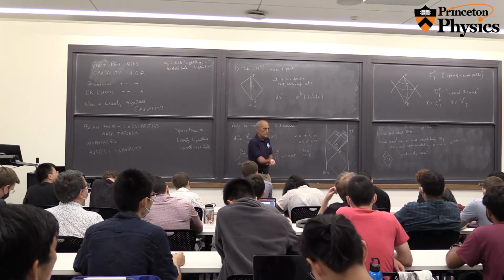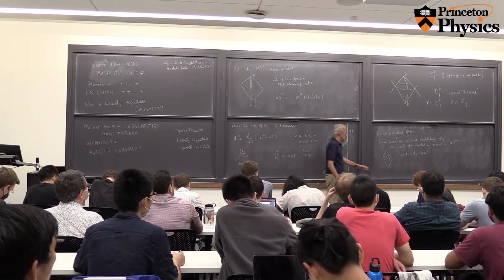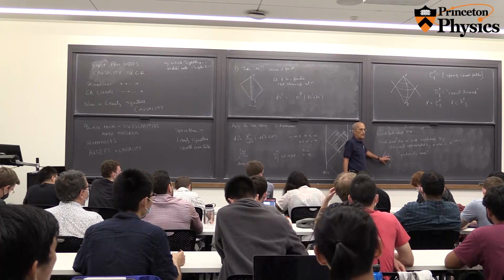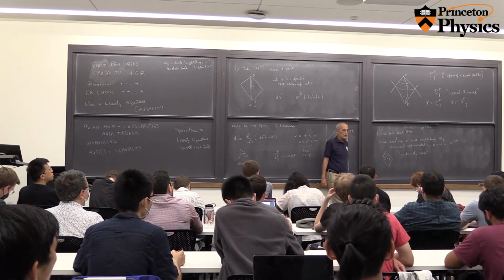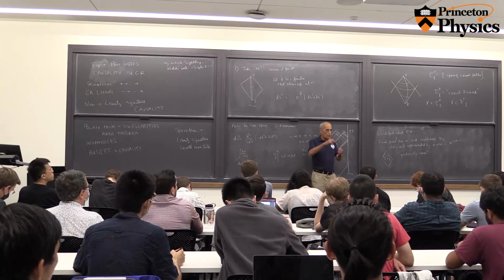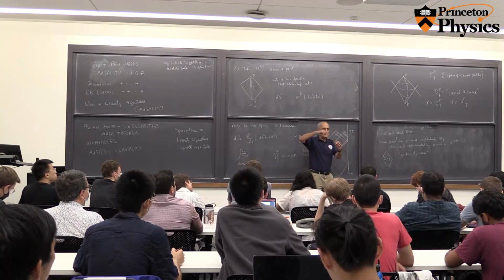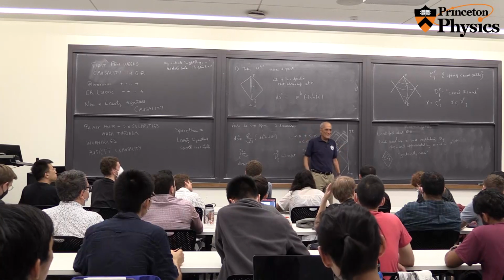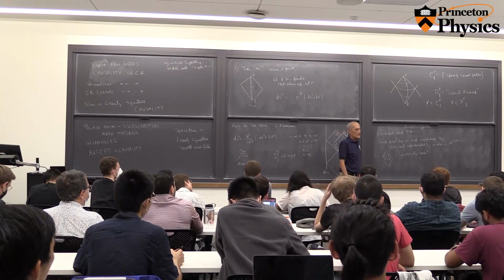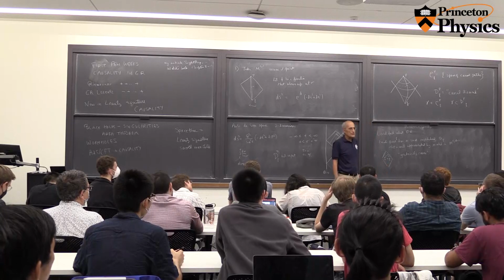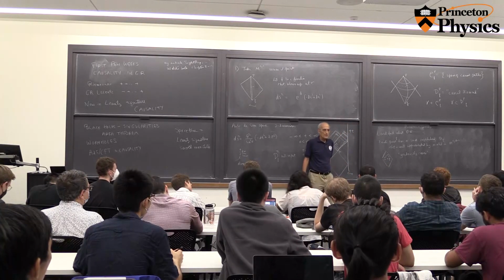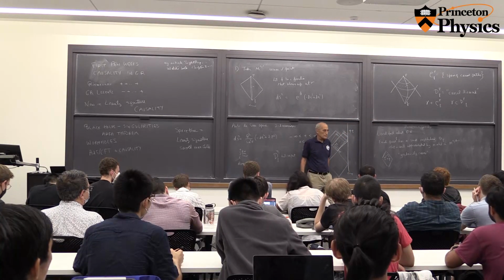If we're in Minkowski space, a causal diamond has that property, for example. Given any 2 points in a causal diamond, well, first of all, any 2 points in Minkowski space are connected by a unique geodesic anyway. But if you have 2 points in a causal diamond, the geodesic between them is contained in that diamond. The diamond is convex.